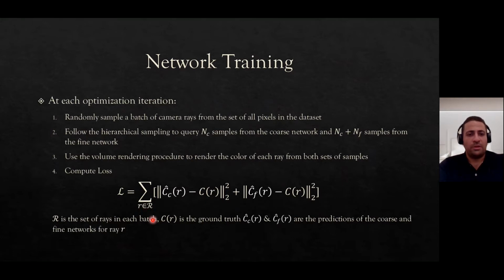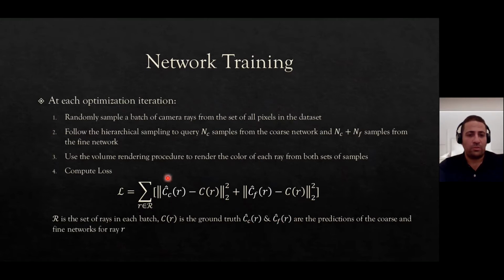C of r is the ground truth, the image itself that we are training on. And C coarse and C fine are the outputs of the coarse and the fine networks.